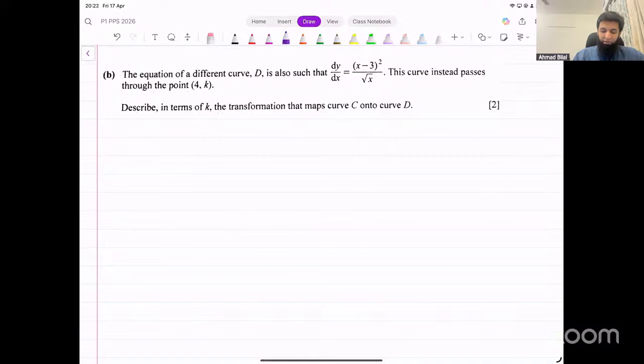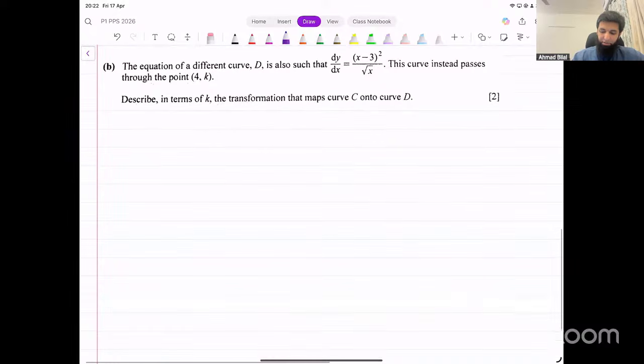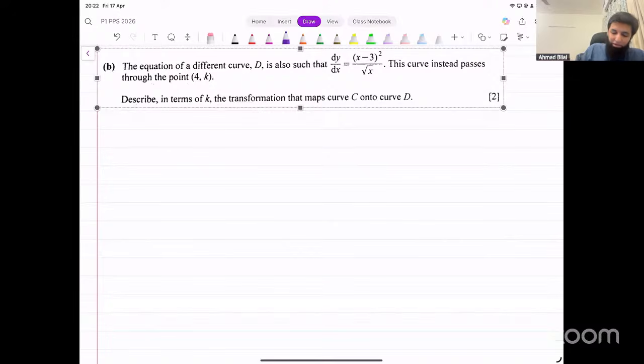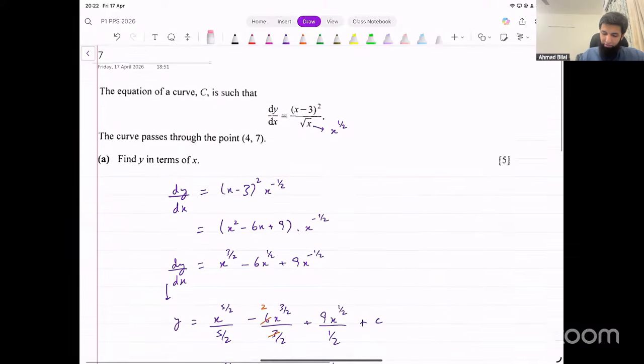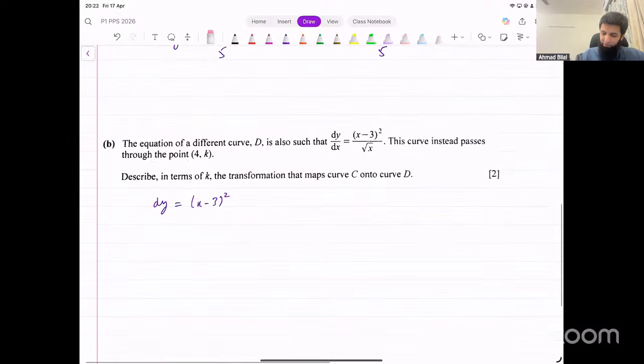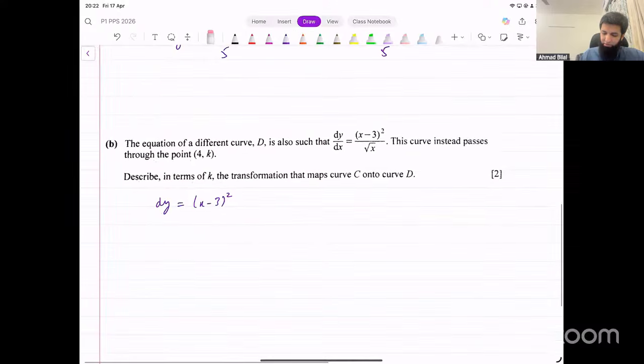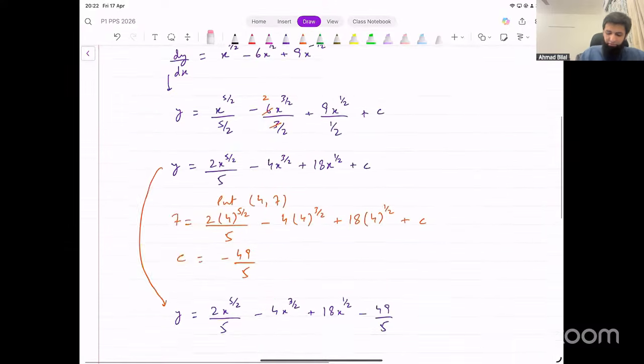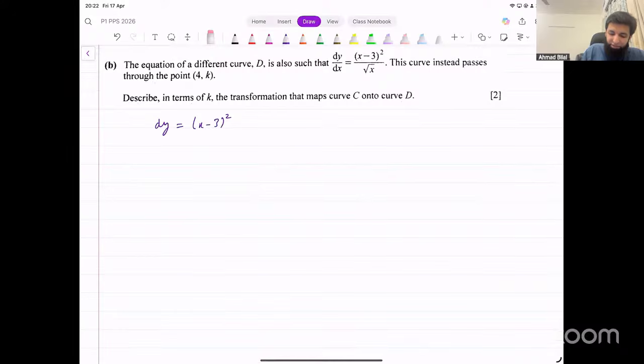Okay, how do we think about this now? The transformation that maps the curve C onto D. Okay, that's interesting. So in the first part, we had the derivative dy over dx that was equal to x minus 3 whole squared divided by square root of x. This is also the same. Achha, it's the same derivative. All right. So the derivative is the same.